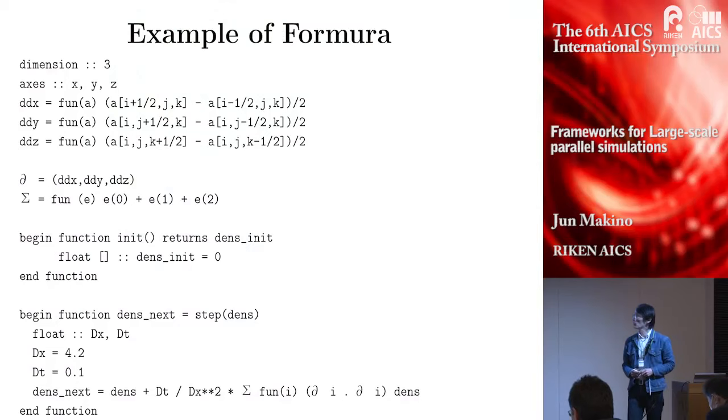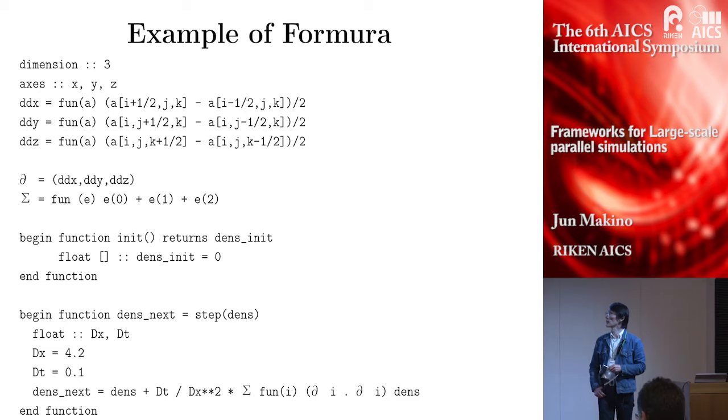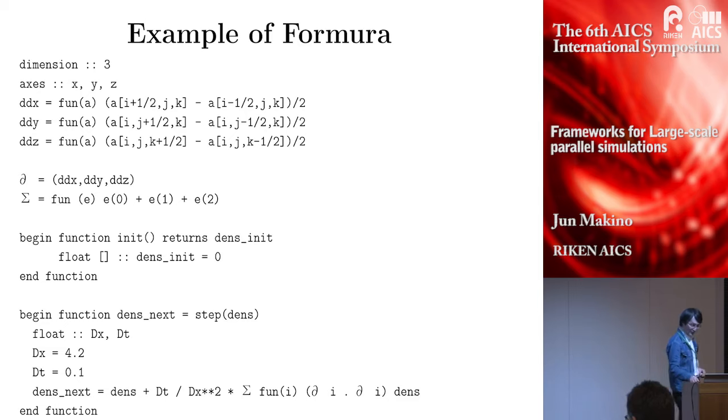This is an example of code written in the Formula language, and here is the definition of the finite difference operators. You can make them into tuples and some macros, and the final form of the finite difference scheme looks like this. If you have been working on this kind of stuff for six months, you'd see that this is pretty close to the original form of the partial differential equation.